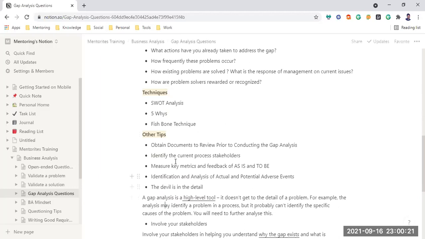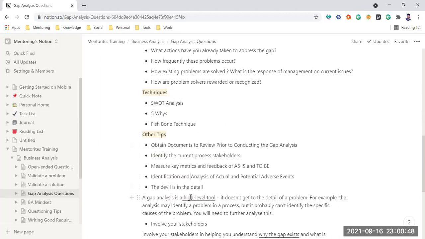Some of the other tips I mentioned here: identify the current process stakeholders and obtain the documents. Always measure the key metrics and feedback of as-is and to-be. What are the key functionalities and how do they measure them? Then identify any actual and potential adverse events.